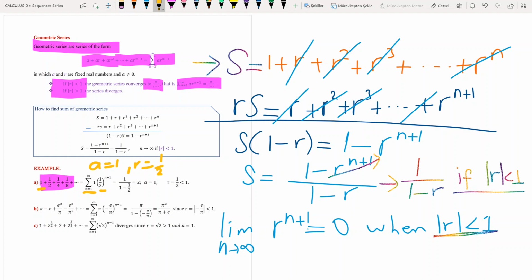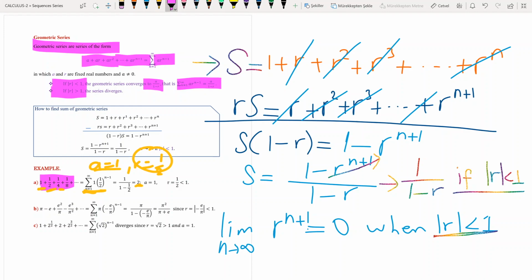For n equals 2, 1 times 1 over 2 to the power 2 minus 1, which is 1 over 2, we get the second term. For n equals 3, 1 over 2 squared, which is 1 over 4, we get the third term, and so on. So as you see, it is a geometric series form. Since the absolute value of r, which is 1 over 2, is smaller than 1, this geometric series converges to 1 over 1 minus 1 over 2, which is 2.